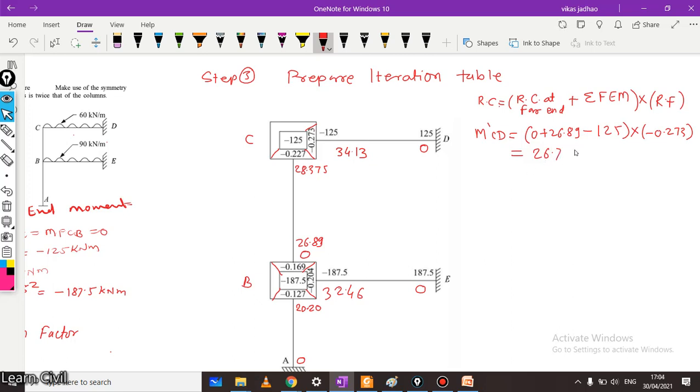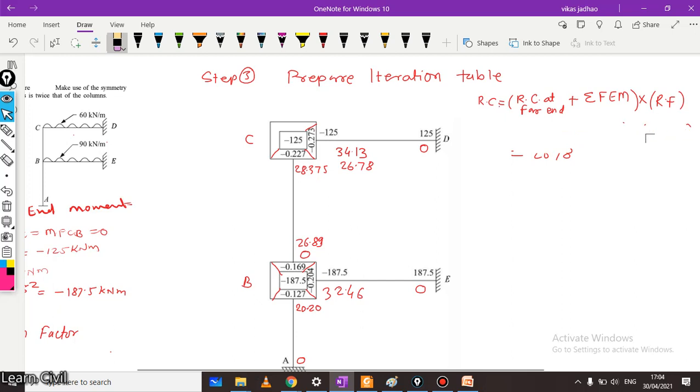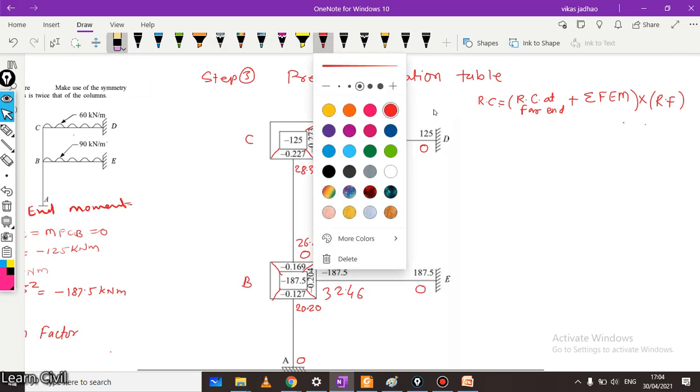So we will get 26.78. Just write down this value here, 26.78. Similarly, next we have to calculate the rotation contribution for CB.